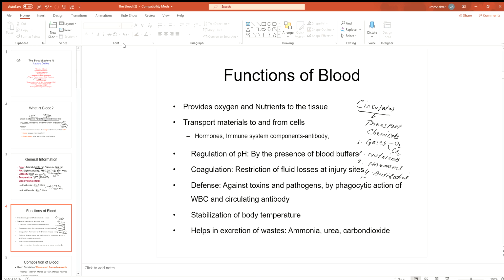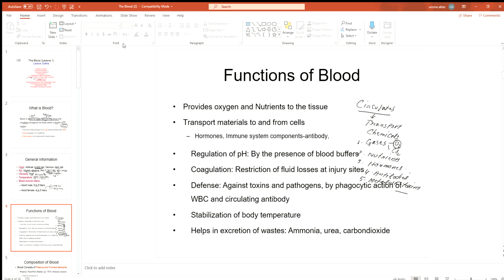Blood transports metabolic toxins, toxic chemicals produced by metabolism. So now you see, blood transports a lot of things. These are the important chemicals transported by the blood. Now let's see which ones are helpful for the body. So we know that we need oxygen, right, for the tissue.